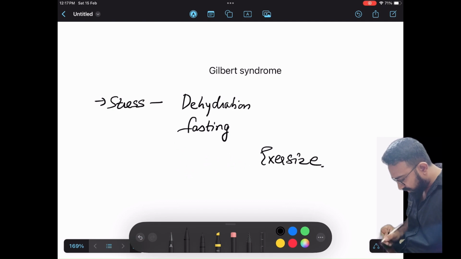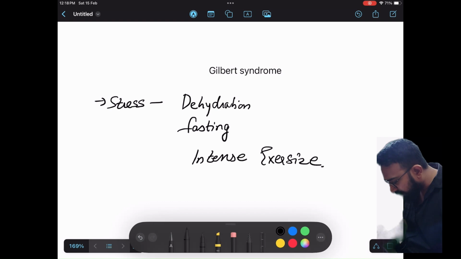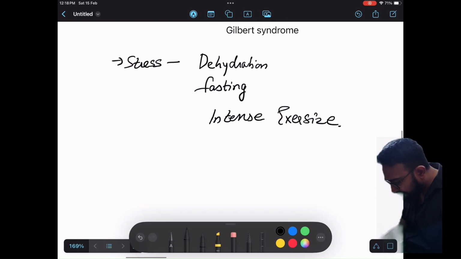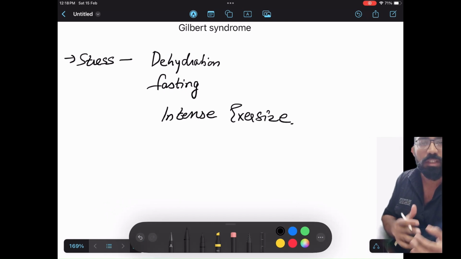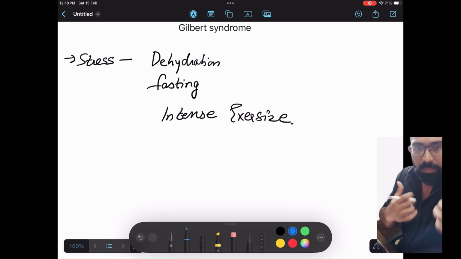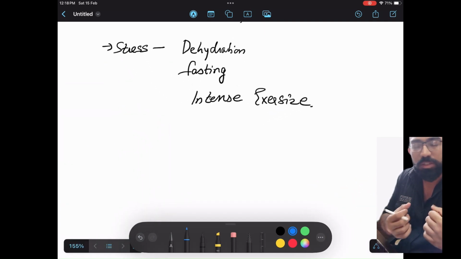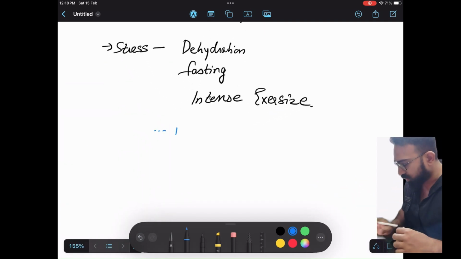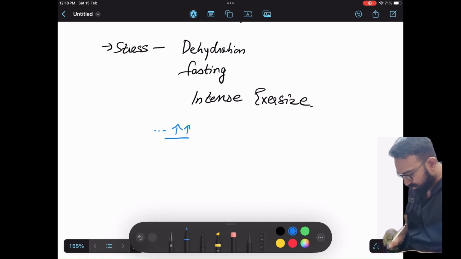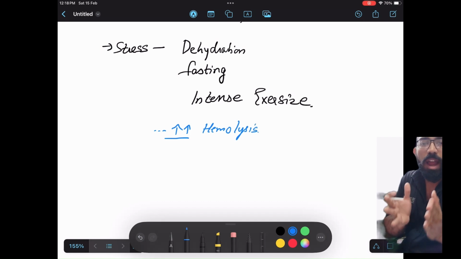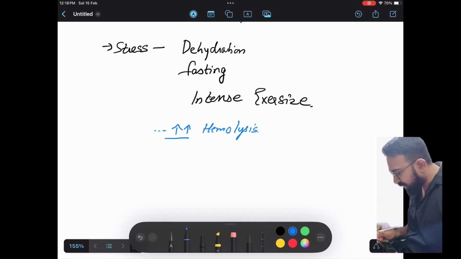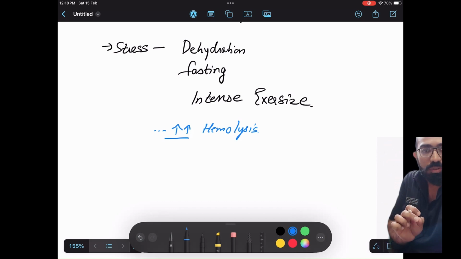A normal person who does not have this enzyme deficiency is able to manage this. But the person with Gilbert syndrome has a deficiency of UDP glucuronosyl transferase, so the body won't be able to handle the extra unconjugated bilirubin.